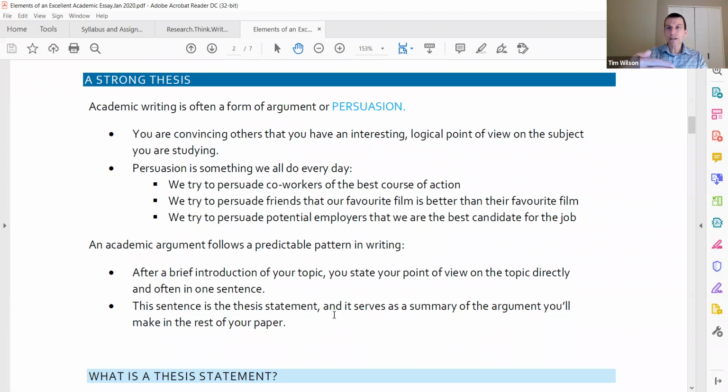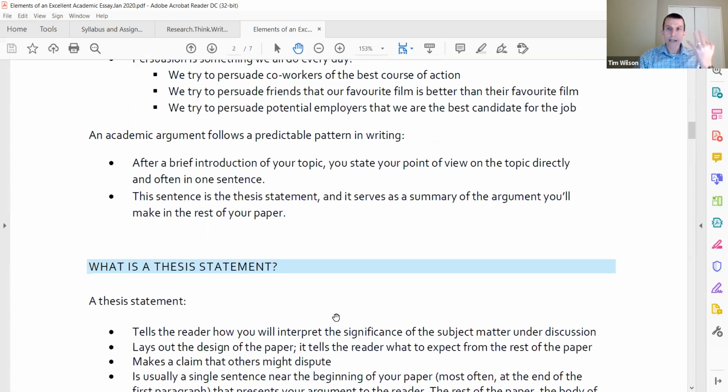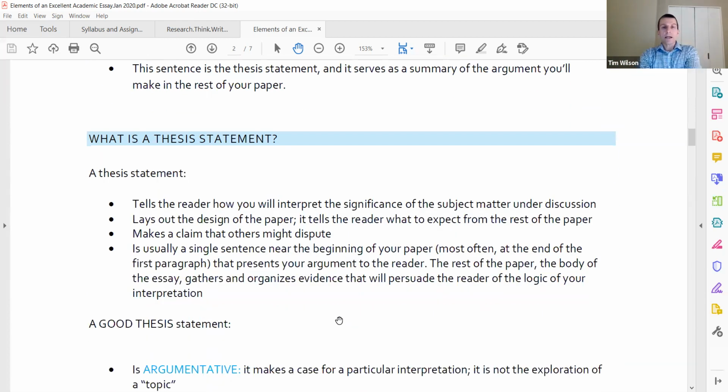In a lot of science, it's reversed, so your thesis is in a way the conclusion at the end, depending on the format of the science, but the logic is the same. I've got a topic, I've got evidence that I've marshaled and I'm analyzing, and then there's a punchline at the end, which is your interpretation of that evidence that you're trying to persuade the audience of.